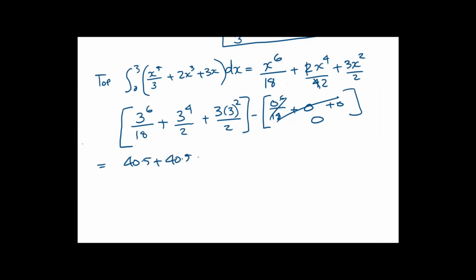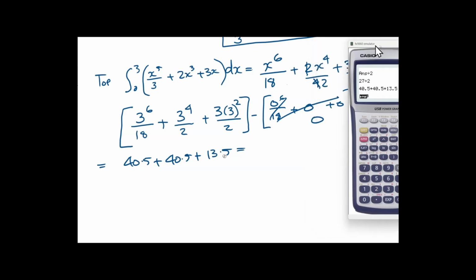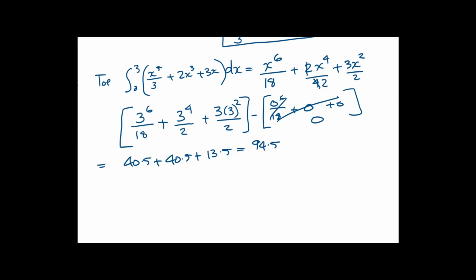Then 3 times 3 squared is 9, 3 times 9 is 27, over 2 is 13.5. So all of those added up gives us our top number: 40.5 plus 40.5 plus 13.5, that's 94.5. Right, now we're cooking with gas.